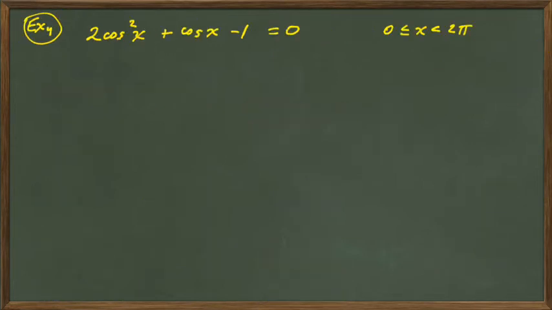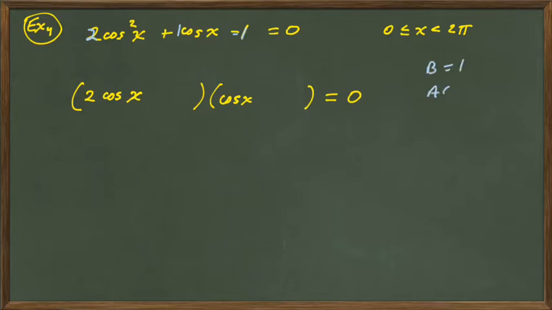Okay, so I need to solve this equation by factoring, but I'm only solving it between 0 and 2 pi. Many times trinomials will factor into the product of two binomials. 2 cosine x times cosine x would give me 2 cosine squared of x. I think your coefficients, A is a 2, B is a 1, C is a negative 1. So if B is 1 and A times C is negative 2, list all your factors of negative 2.